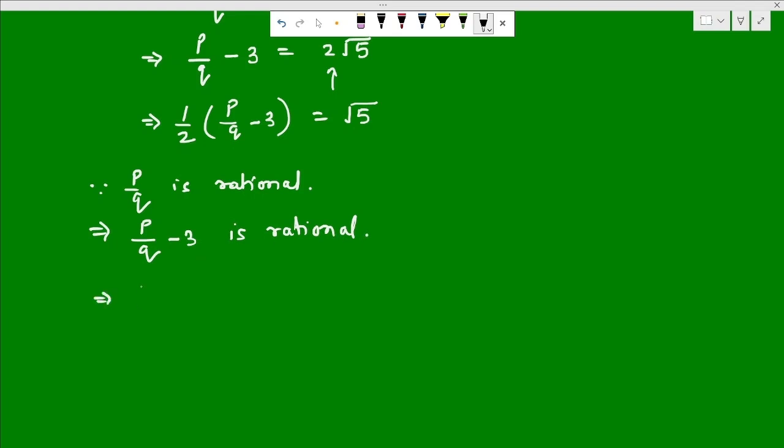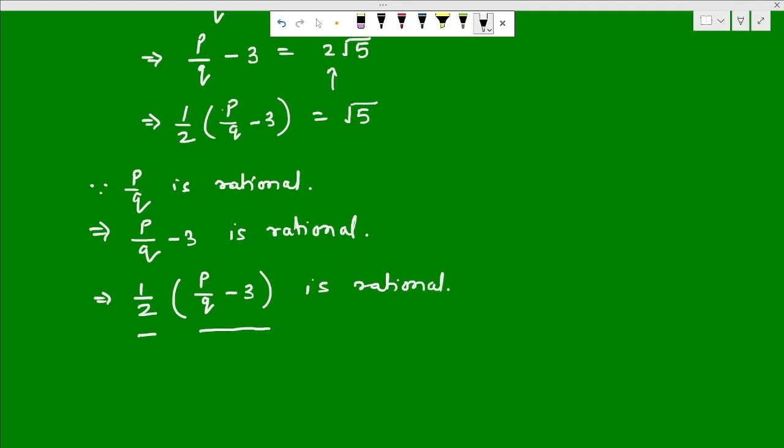And then half, which is also a rational number, is getting multiplied with p upon q minus 3. Here p upon q minus 3 is rational, and half is also a rational number, so the product of these two will also be a rational number.